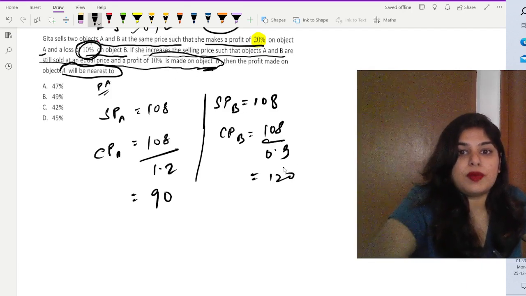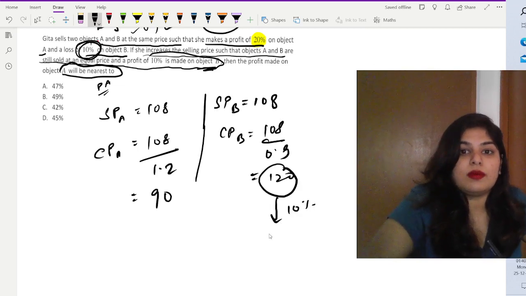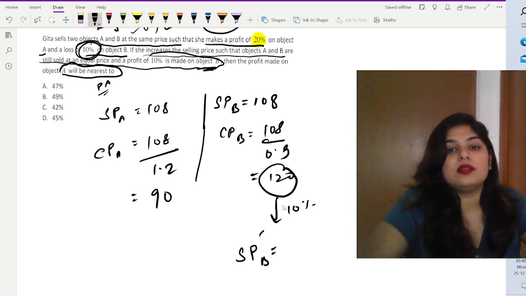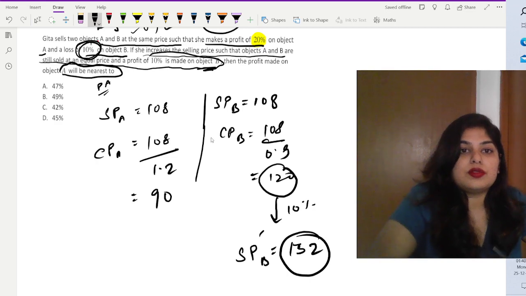So earlier the cost price is 120, and on that she is earning 10% profit, so I can increase it by 10%. What is the new selling price of B? That is 120 plus 10% of 120, so that will be 132, correct? Now that it is 132, I know that the selling price of A is also 132.